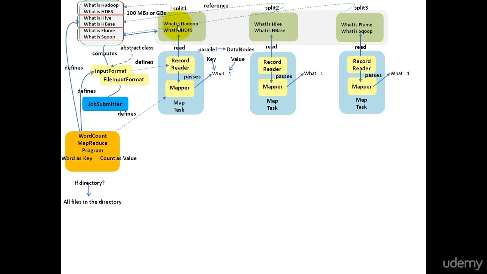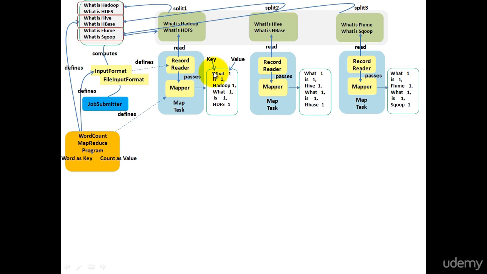Next it encountered is. So key is is and the value is 1 again. Next key is Hadoop and value is 1. Again it encountered the word what. So the key is what and the value is 1 again. Similarly, all the mapper function in each map task will process the input split and emit keys and values.